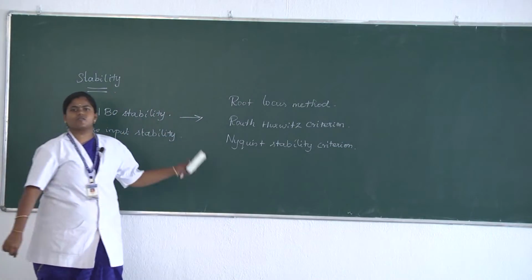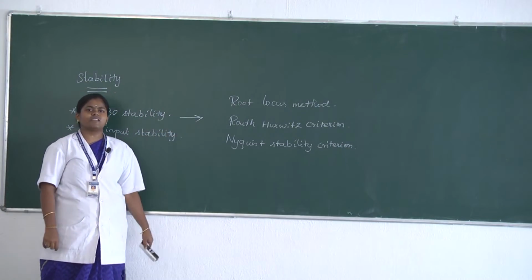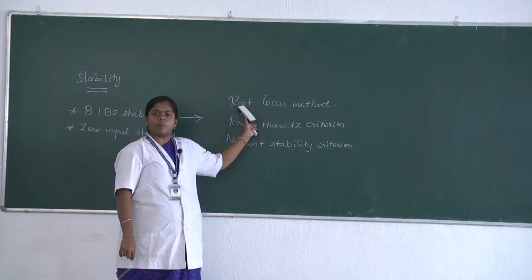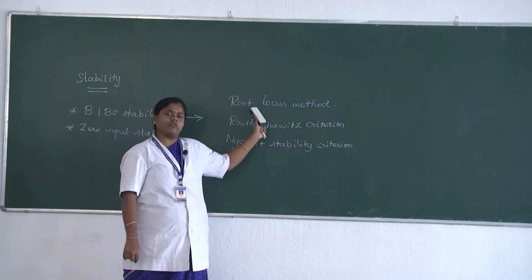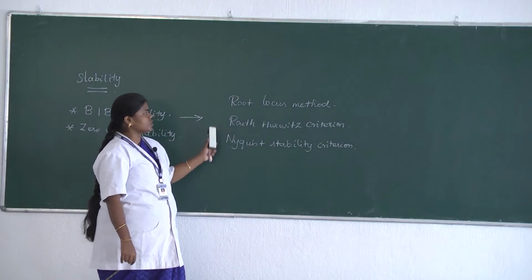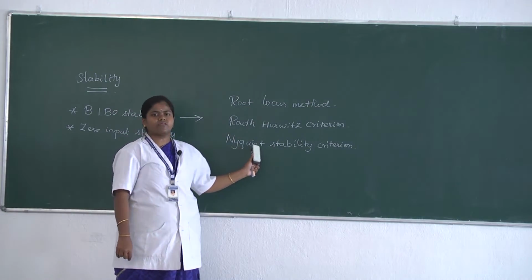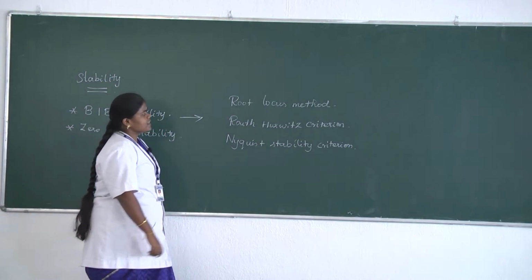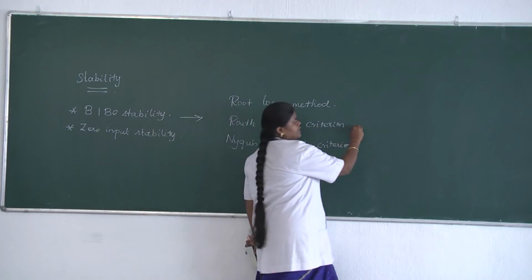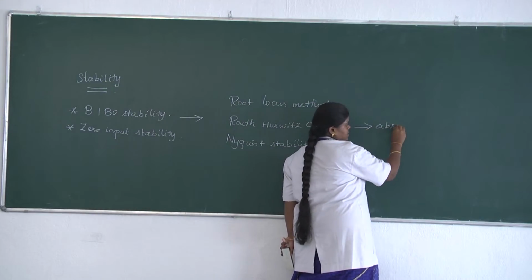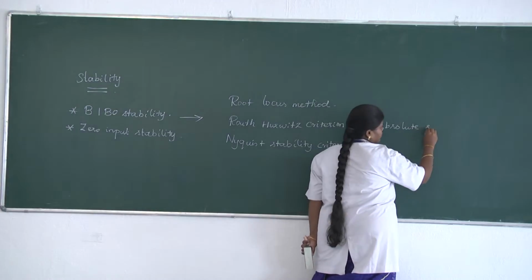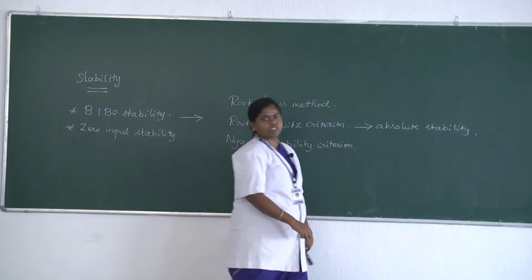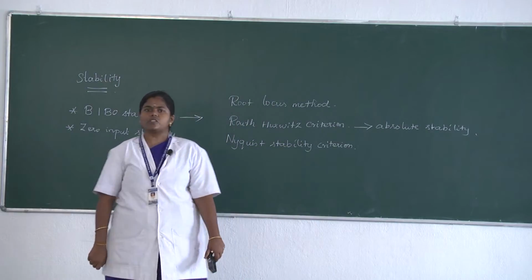Among these, the first one, the Routh locus method, involves time domain analysis of the system, and this process is a complex one involving many complex steps. The next two, the Routh Hurwitz criterion and the Nyquist stability criterion, are frequency domain analysis methods. The Routh Hurwitz criterion determines the absolute stability of the system, and the Nyquist plot determines the absolute stability and also the location of poles of the system.